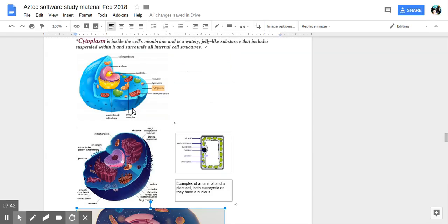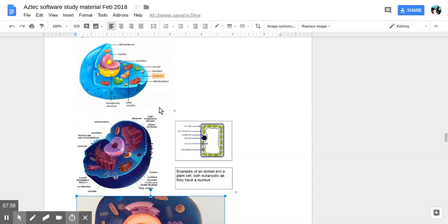The cytoplasm, again, is in the cell's membrane. Enclosed by the membrane, it's watery and jelly-like, and it includes internal structures and organelles, which are suspended within it.